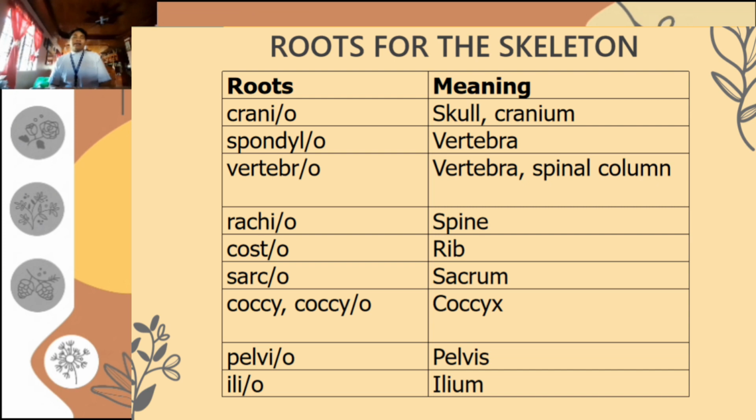Cost or costo, meaning our ribs. Sacr or sacro, meaning our sacrum. And for the root or base word coccy or coccyo, meaning coccyx. Pelvi or pelvio, meaning our pelvis. And the last root or base word for the skeleton is ili or ilio, meaning our ilium.